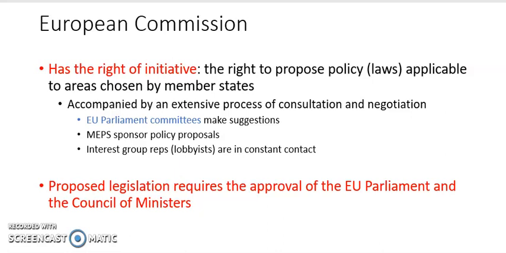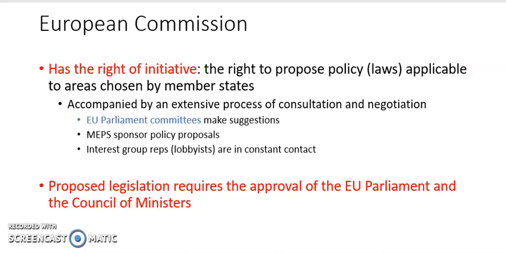Different committees within the European Parliament would make suggestions with regard to the proposed policy, and you would have members of the European Parliament sponsoring policy proposals, and then interest group representatives would also be involved, and these are called lobbyists, and they would be in constant contact with the other players in the process of bringing about the passage of a particular legislative proposal.